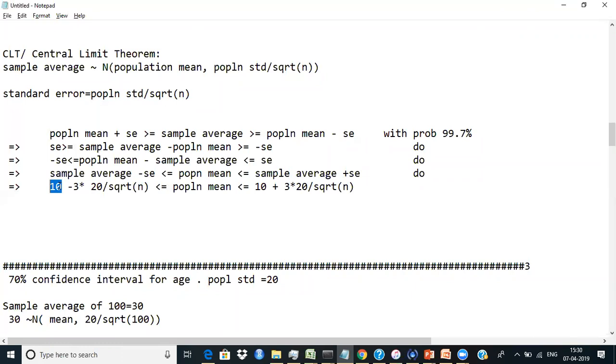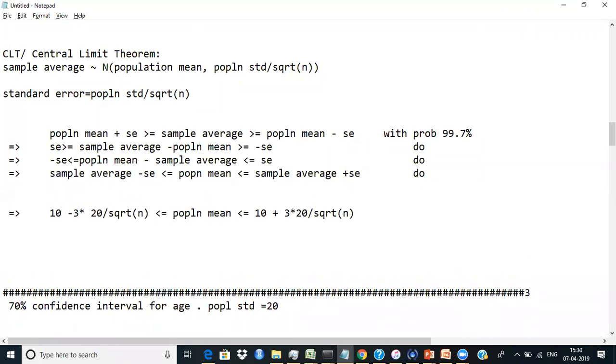Sir, what your question is to get the 99.7% probability? No, my question is how this expression can be used. This expression can be used in multiple ways.